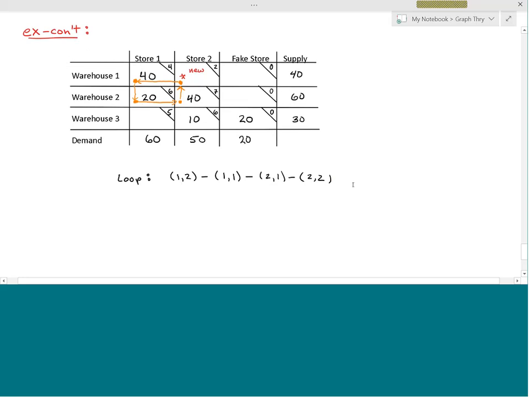You always start with even, which is the new cell, then everybody else alternates odd and even. We'll go ahead and calculate our theta, which is the minimum value of all of your odd cells.